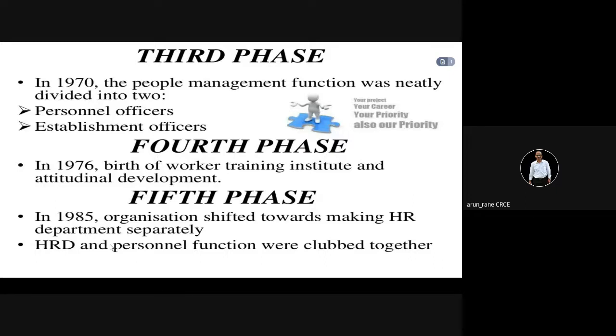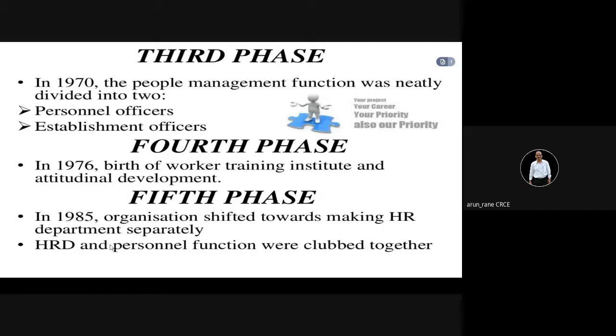There you can see establishment officer as well as personnel officer. So there is a clear-cut difference between these two. Then slowly worker training institutions and attitudinal development, the focus on this started.